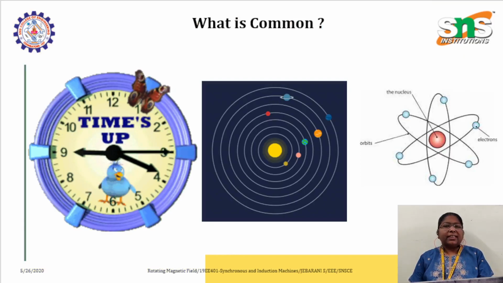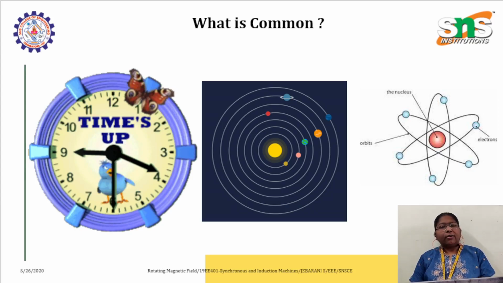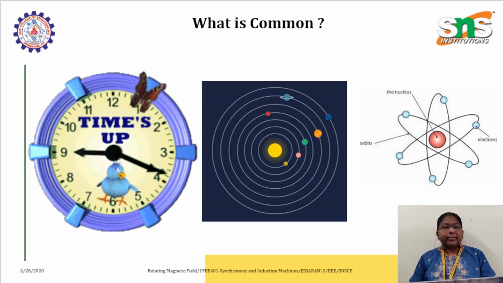You see three images which have a commonality. Let us take up the first image. You see the needle of a clock revolving around the circular frame at a constant speed. Let us take up the second example, the planetary motion of the Earth.